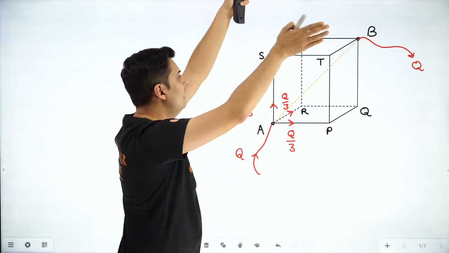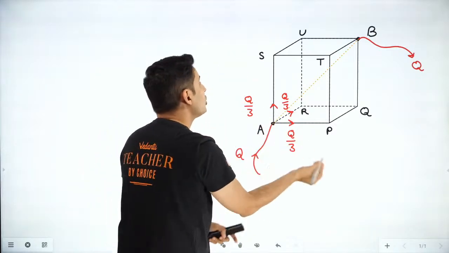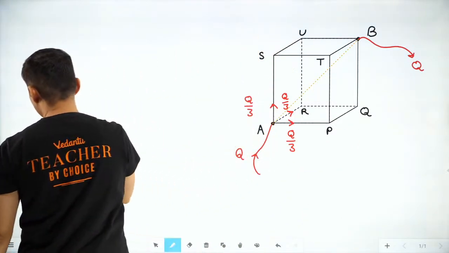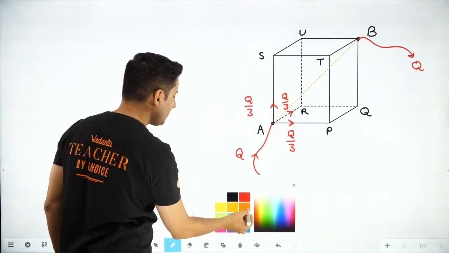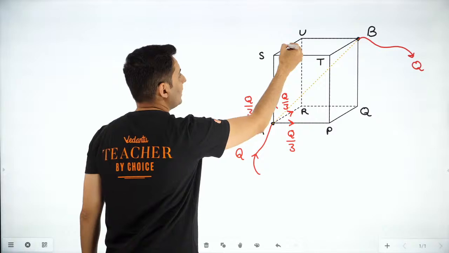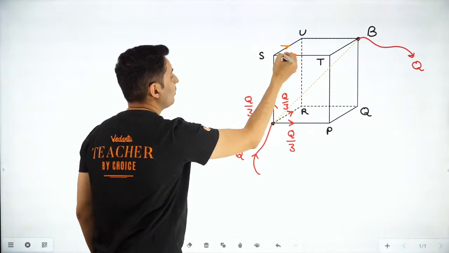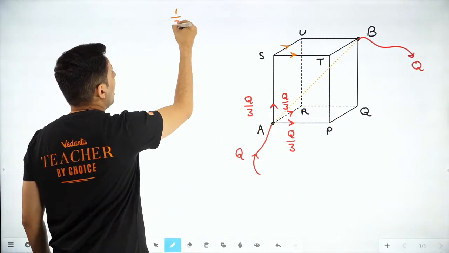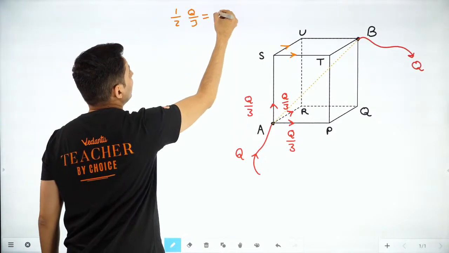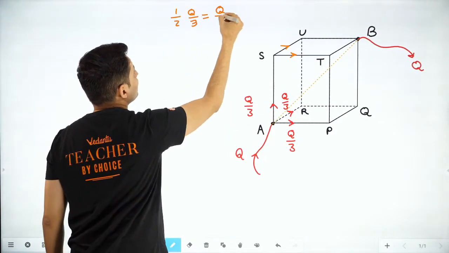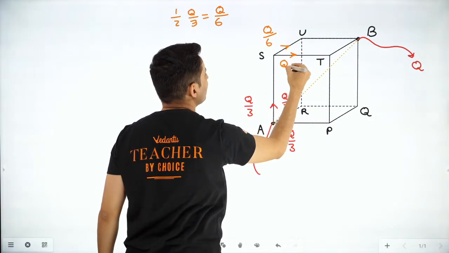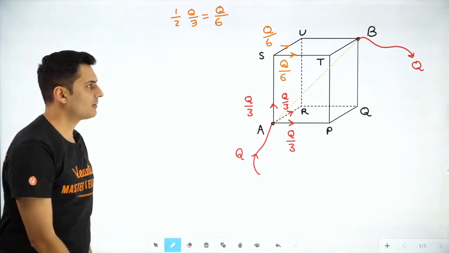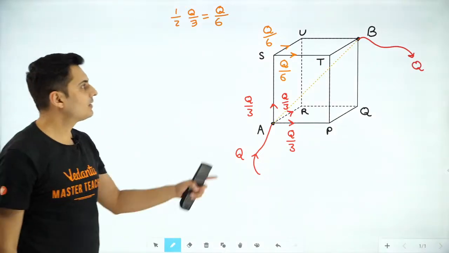So that Q by 3 is going to get further divided into half of that. What is half of Q by 3? It is nothing but Q by 6. So this will be Q by 6 and this will also be Q by 6.